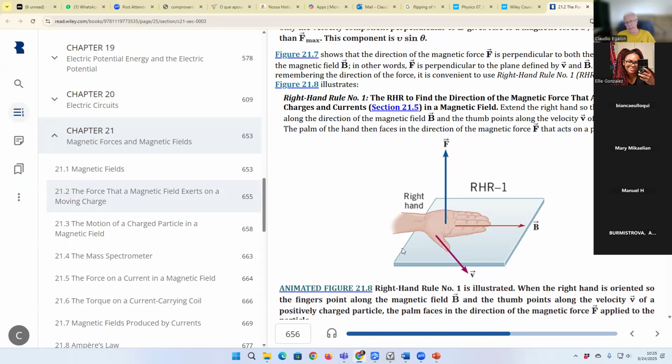So you lay down the palm of your right hand. The palm points towards the B field and the thumb points towards the V velocity vector. And the force is going to be perpendicular to the palm of your hand. That's another way of using the right hand rule.